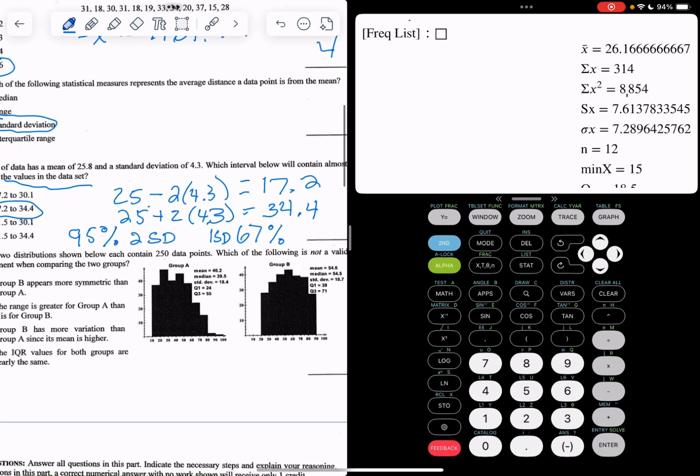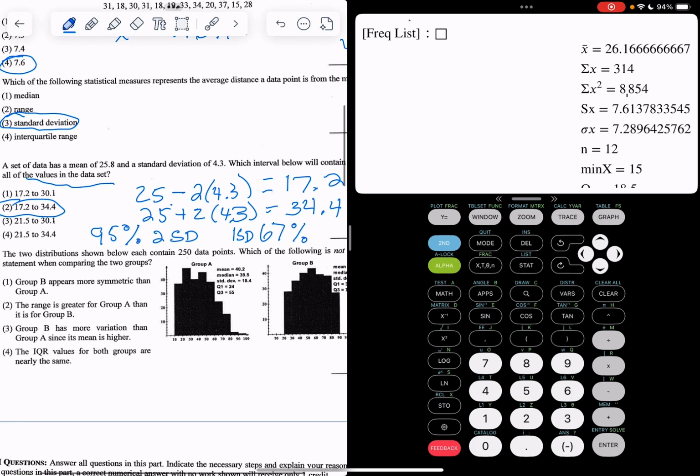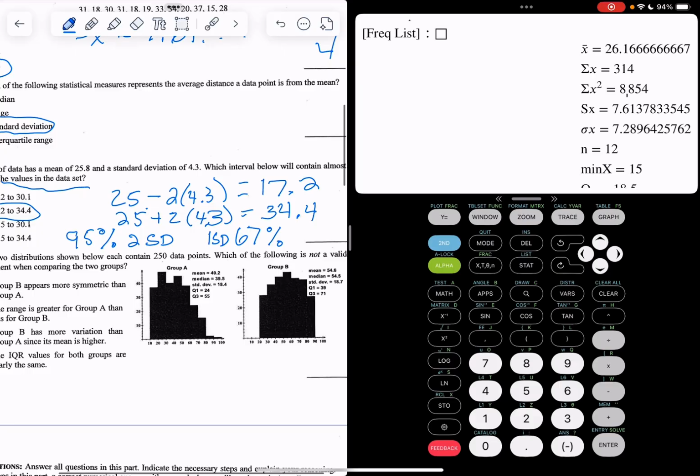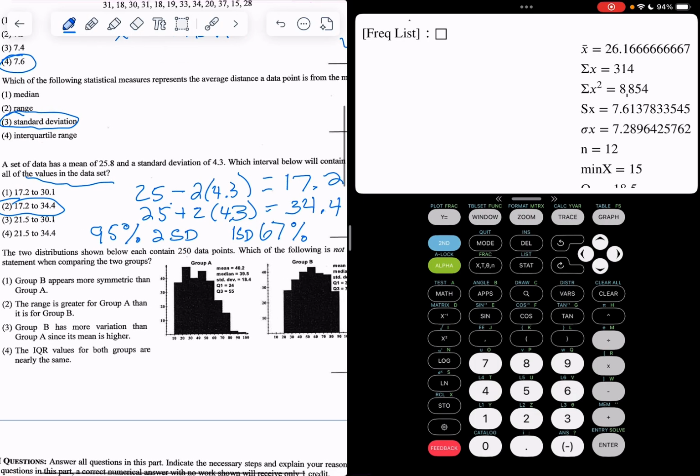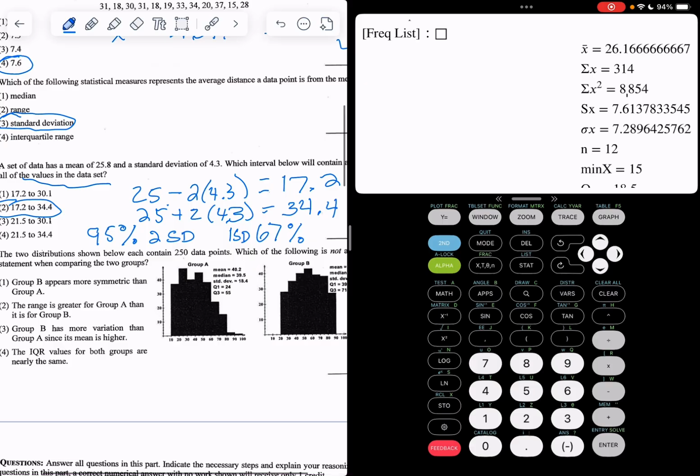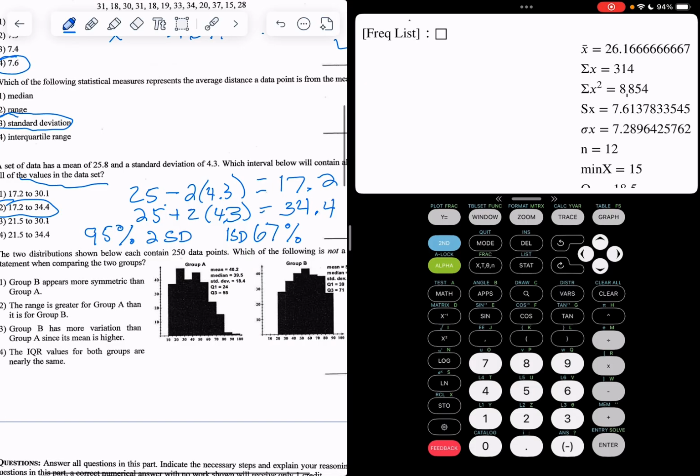All right, so this one: group A is more symmetrical than B. Yes, it is, because it doesn't have these little things here, right? So B is definitely symmetrical about the middle. The range of group A is greater than it is for group B. Yes, because you have these numbers out here, right? So that's true, and we're looking for what is not true.